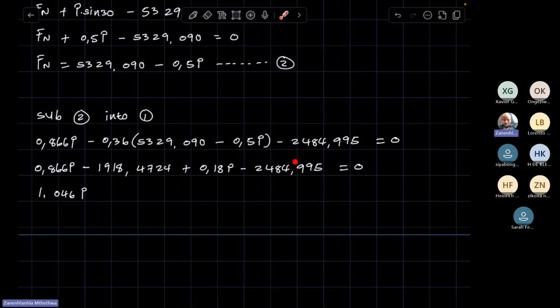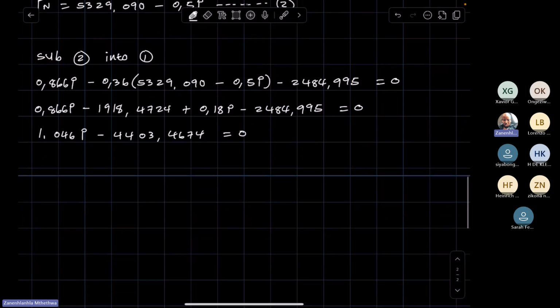So negative 1918,4724 minus the 2484,995. And I'm getting here negative 4403,4674 is equal to 0.